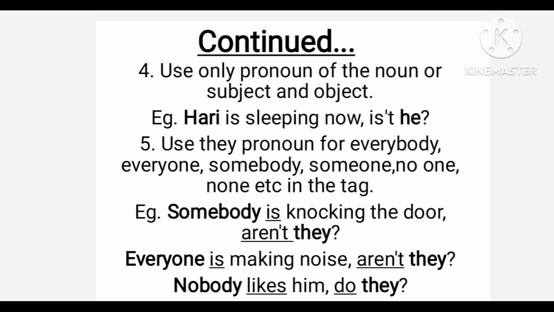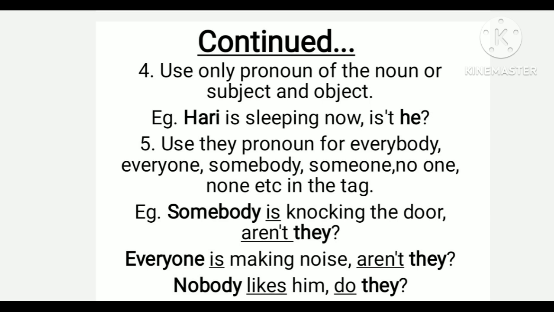For example, somebody is knocking the door, aren't they? Here somebody is singular, but the singular is not fixed. Anyone can be there, it is not fixed. There may be Ram and Sam or Ram and Sita, so it is not fixed whether he is Ram or she is Sita.